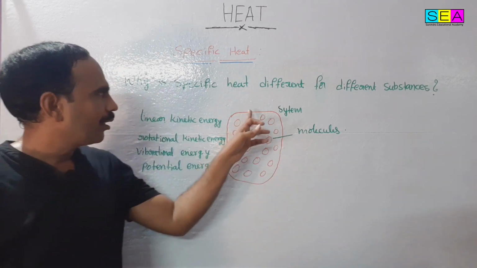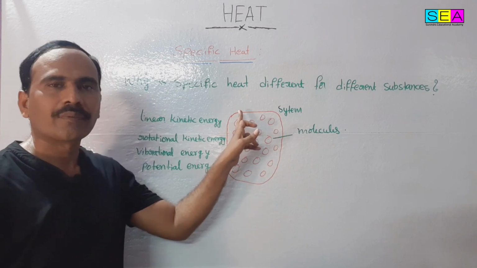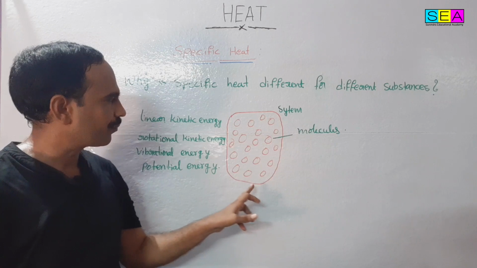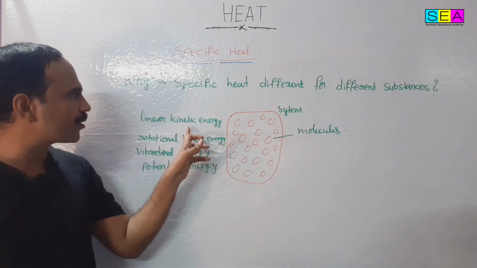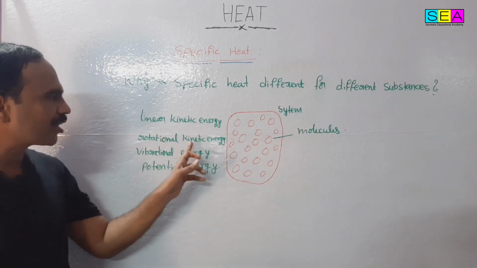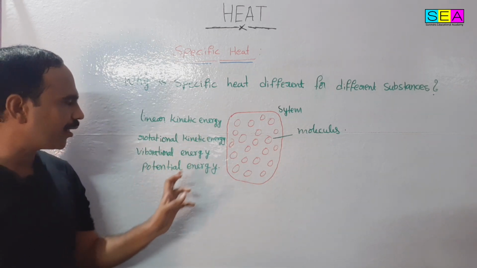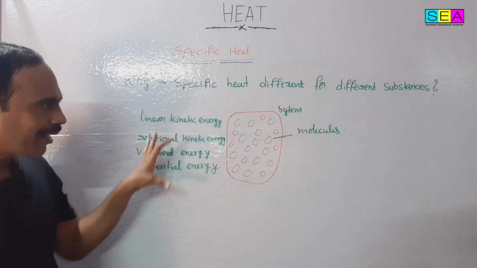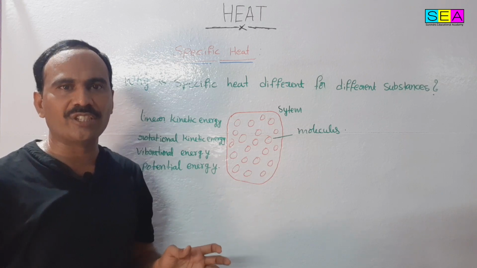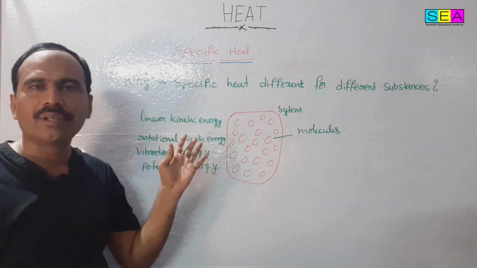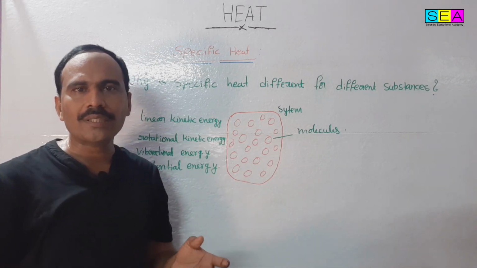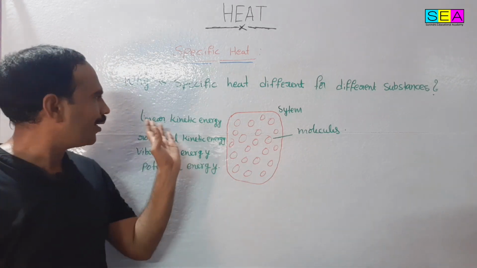Now take one system. These are the molecules in that system. They are having different types of energies like linear kinetic energy, rotational kinetic energy, vibrational energy, potential energy. Already we know objects gaining energy by their motion is called kinetic energy.